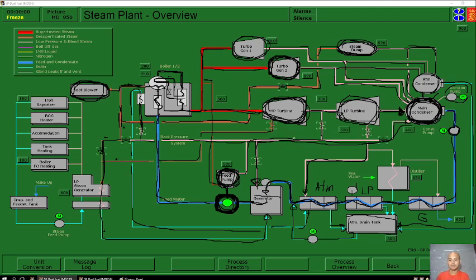Okay. We also have here another freshwater generator, also known as a distiller. So a part of the pressure from the low pressure turbine, this steam will be cooled down by the seawater, and it goes back to the atmospheric drain tank.